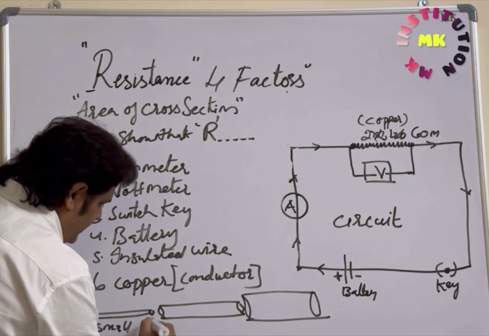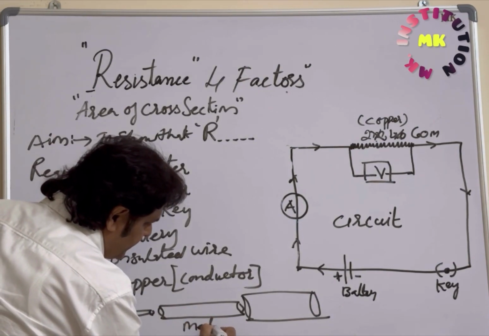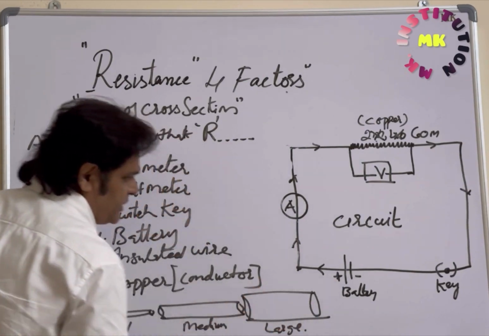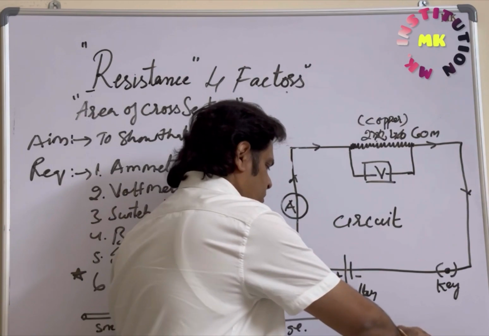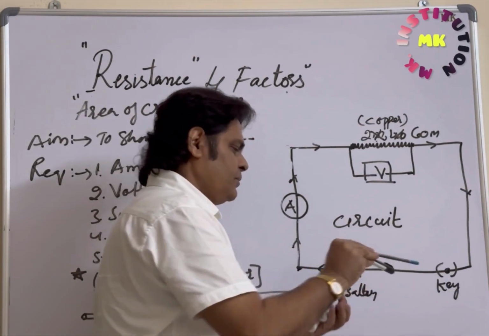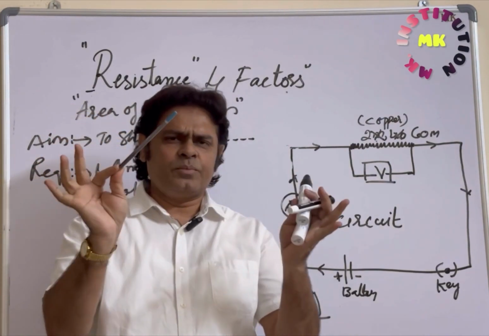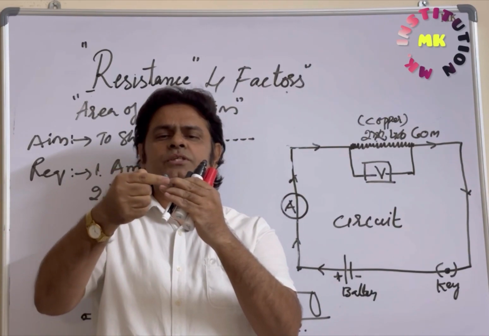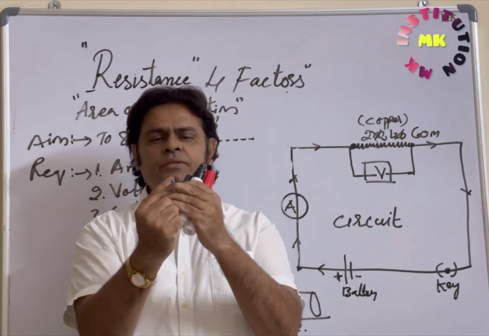This is the small copper wire, with a small area of cross section. This is the medium one, and this is the large one. These are three examples I'll show you. The material is copper only, but the cross section means this: the area of cross section of this copper wire.